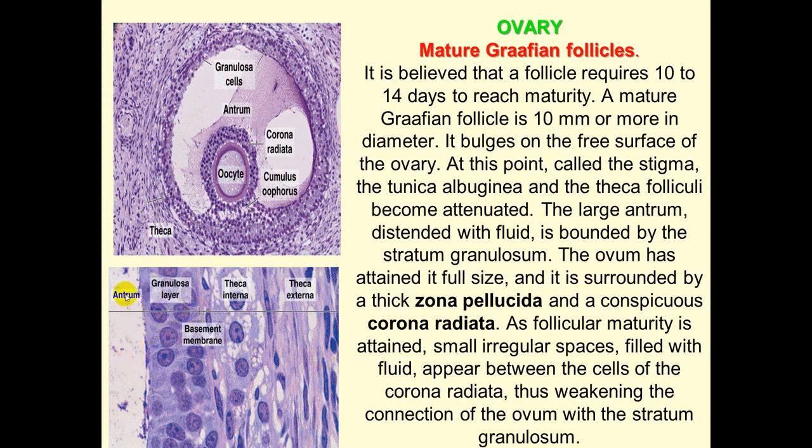You can see the antrum, the basal lamina, several layers of granulosa cells, then the theca interna, special cells which are derivatives of the stromal cells of the cortex, and then the theca externa, thick bundles of collagen fibers. And you can see that in the thecas there are blood capillaries.